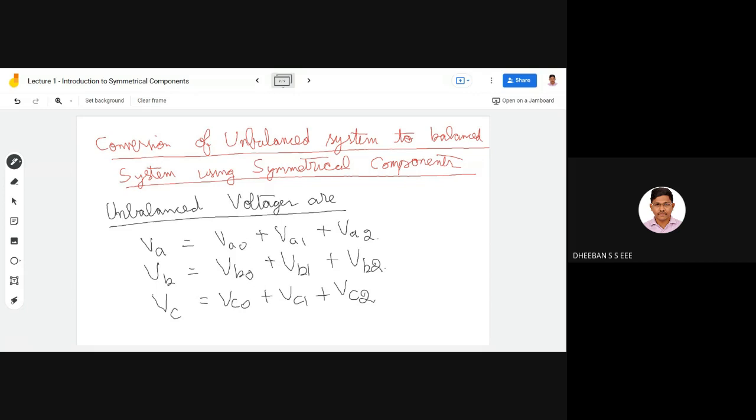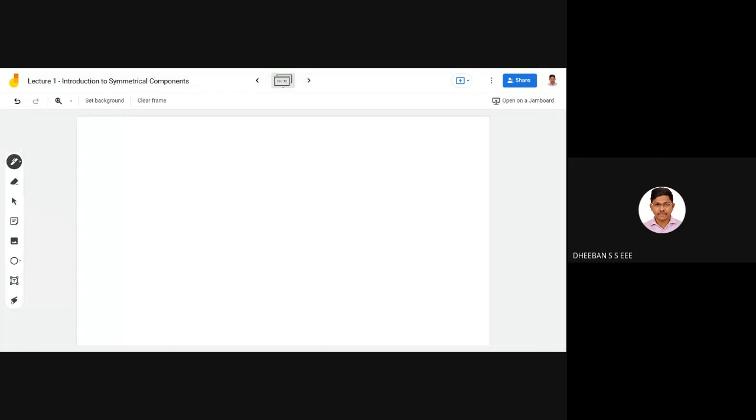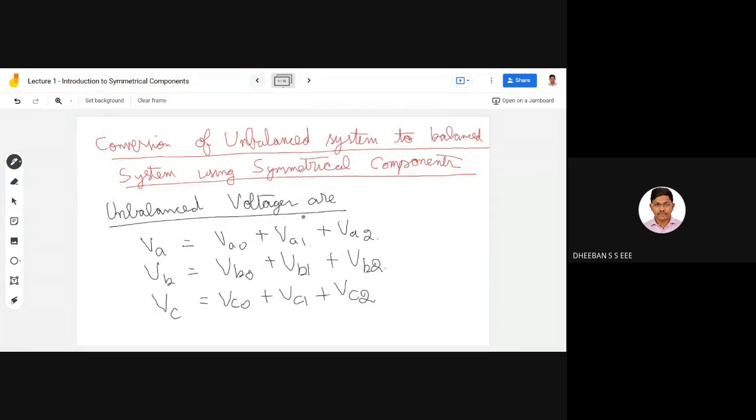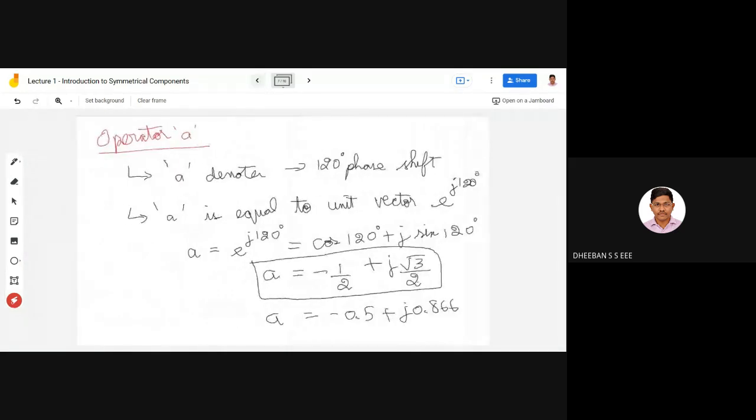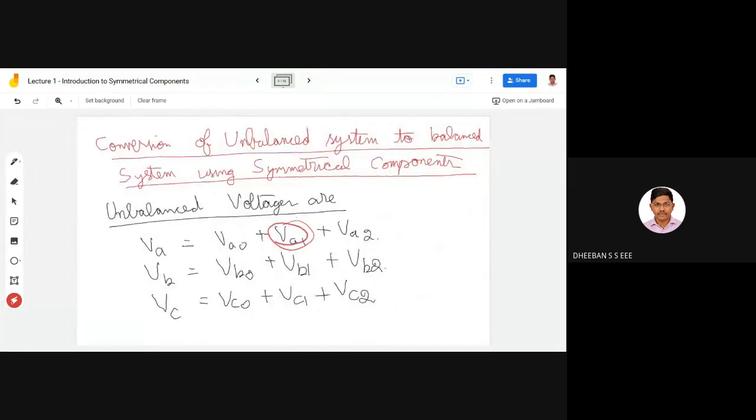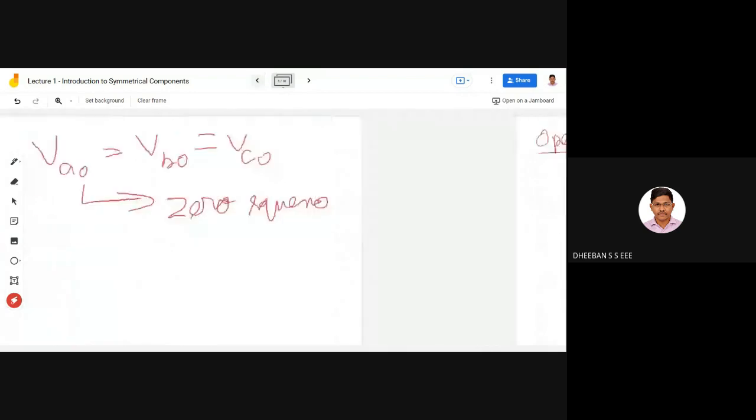Now we have to represent your balanced voltage. For that conversion, you have to represent all these things in your phase using the operator A. Using this operator A, you have to convert all the things through your symmetrical components, which we have seen are given here.